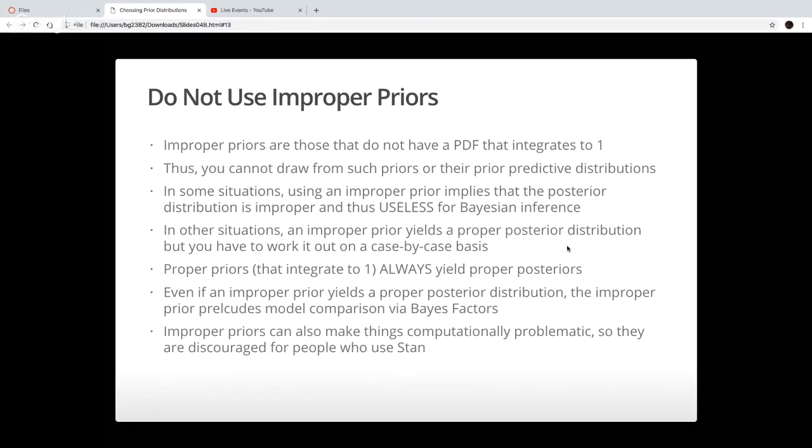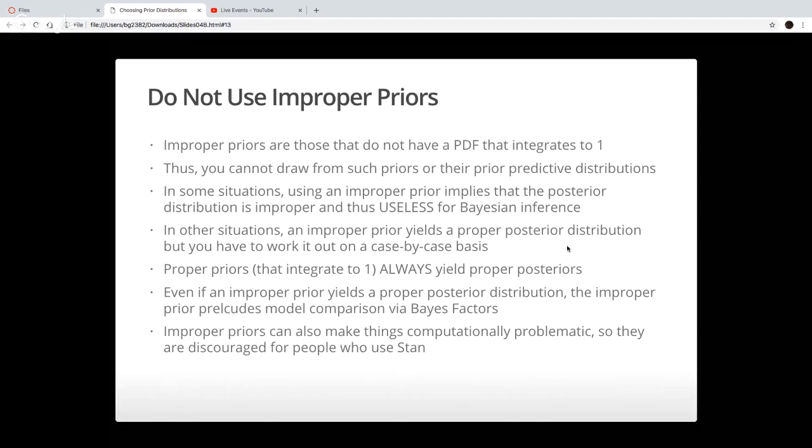So there is no definite integral that we can divide by to make the thing integrate to 1. And so these don't really represent a valid collection of uncertainty about your beliefs about these parameters. And you can't draw from these prior distributions because they're not really distributions.